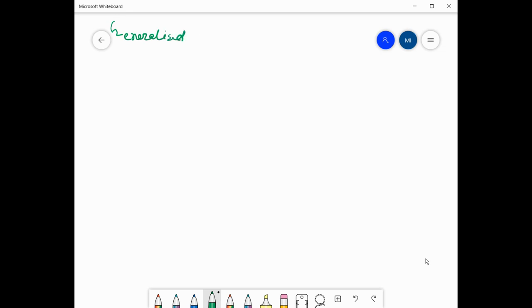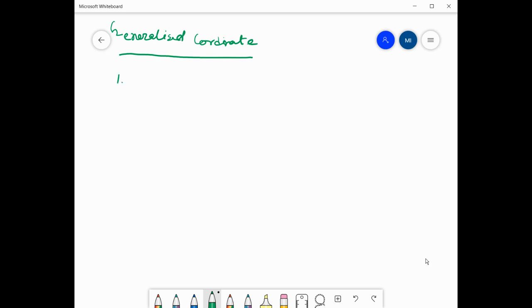Generalized coordinate. Now what is generalized coordinate? In order to understand generalized coordinate, you need to know two other things.